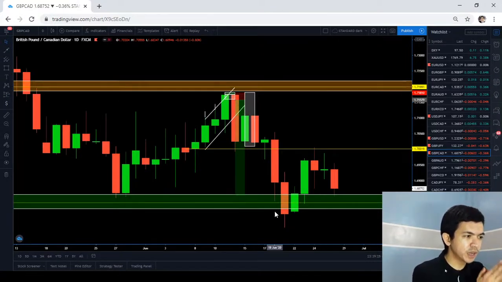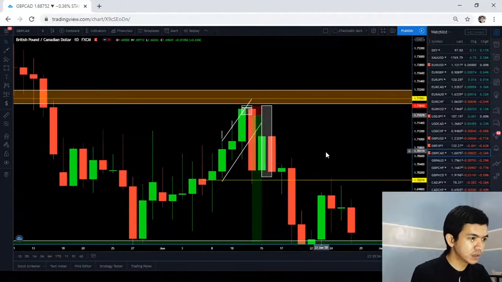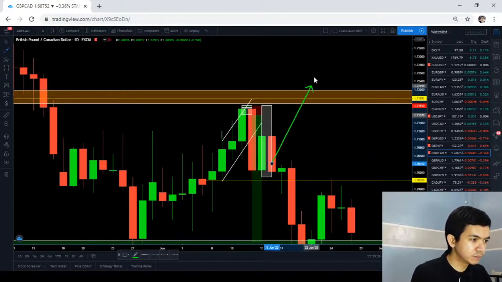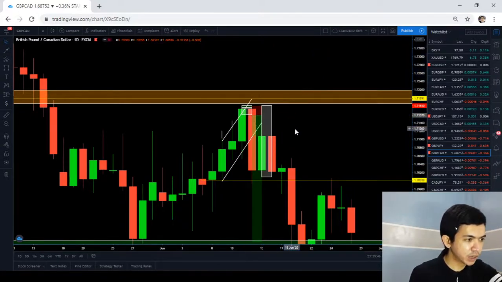Diba? Is there any signal na papataas na yung market at mabibreak to? Sige nga, tell me. Is there any confirmation that this market will push through? Given that, ito yung minarkahan natin. Is there any confirmation? Ano yung nakikita ko on a higher time frame?